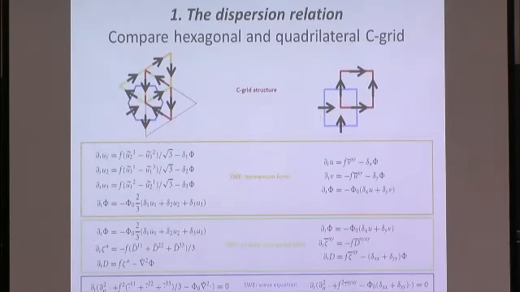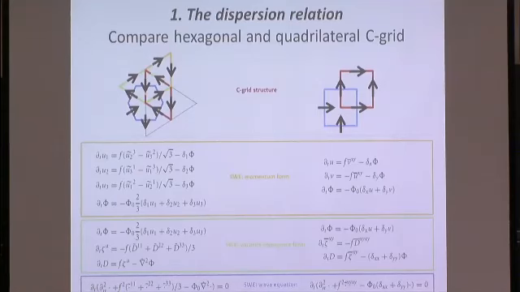So let's start. The first example on why we should consider the vorticity on rhomboids is the dispersion relation. We first try to understand what's going on on a regular grid, because I think we have to understand what's happening on a regular grid before we switch to an irregular grid case and try to reconstruct tangential winds.